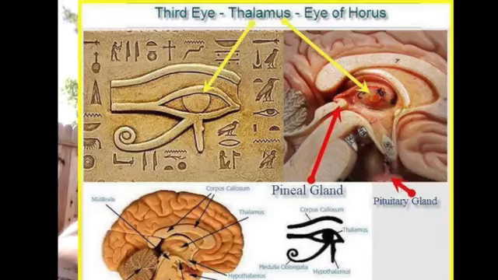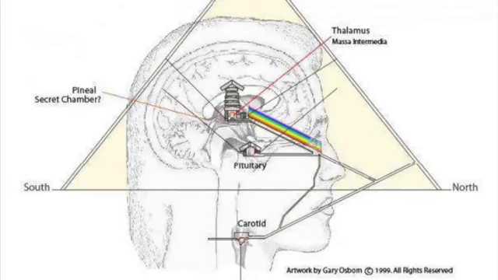And if we place the image of the Great Pyramid directly over the human skull and line it up geometrically, this vaulted chamber, the fornix, this third eye, this third ventricle, directly corresponds to what's called the King's and Queen's chamber within the Great Pyramid of Giza, Egypt.